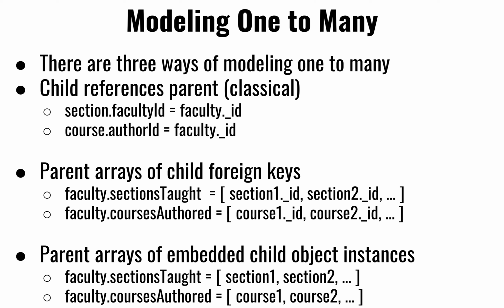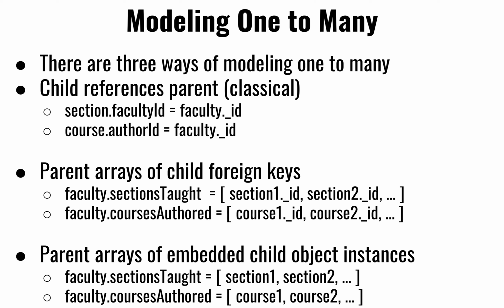You can have the faculty having sections taught, and then the IDs of the different sections that they are teaching. Or same thing with courses that they author, and all the arrays of the various courses that they are authoring. Okay. And so again, we have an array of collections of IDs.